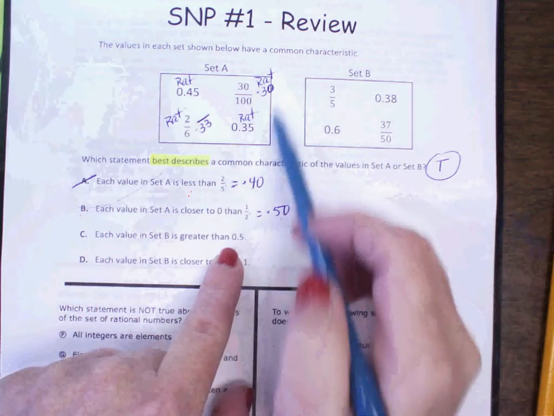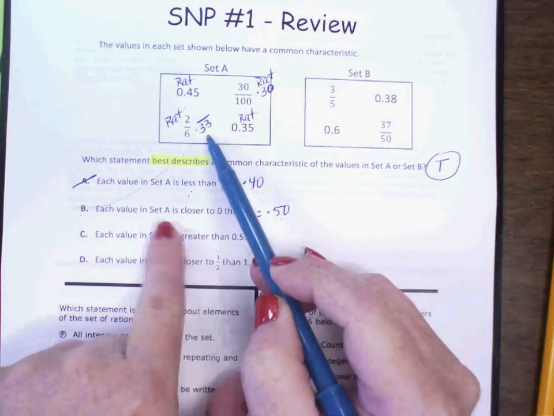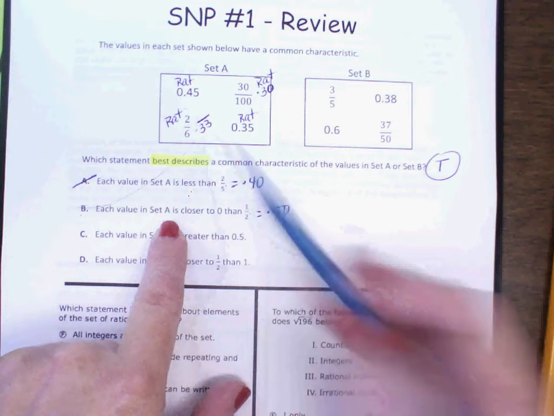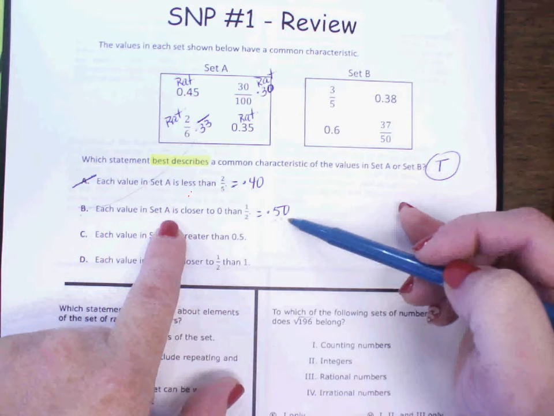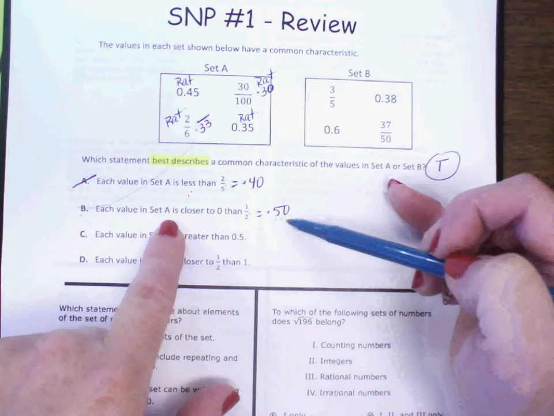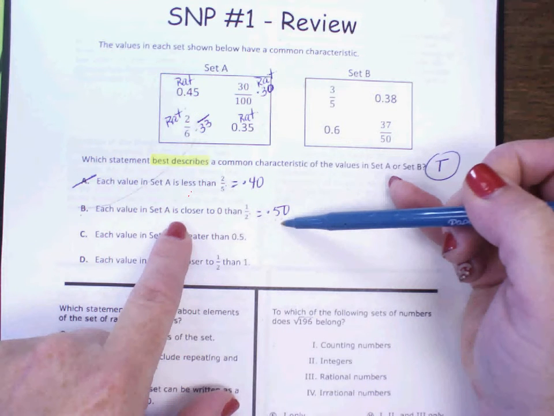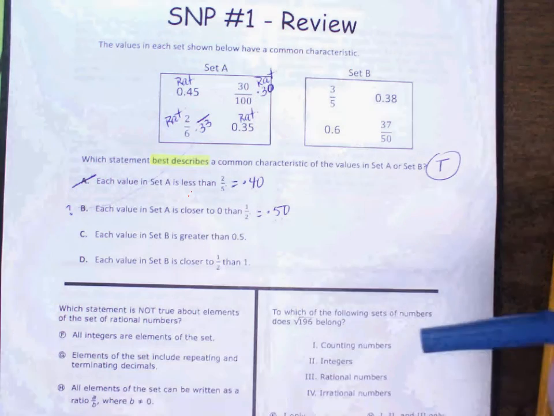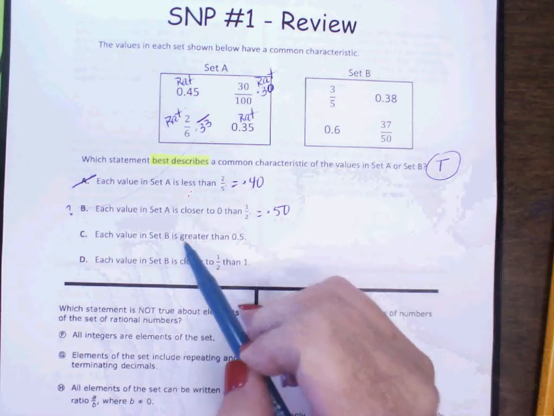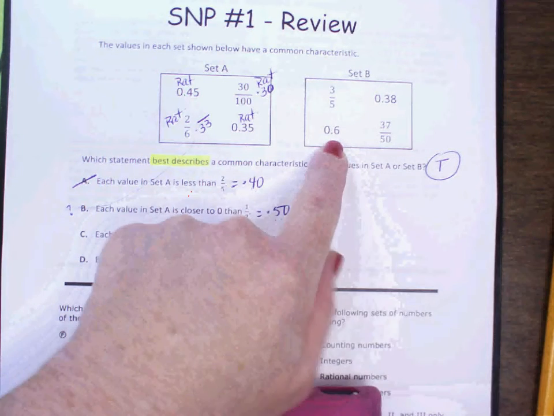At least in here you've got 50 cents; with 0, you don't have anything. So are all those smaller than 50 cents in set A? Is 33 not smaller than 50? Is 35 not smaller than 50? Is 30 not smaller than 50? Is 45 not smaller than 50? Yes or no? It looks like this is the one, but I'm going to go ahead and check the other ones just to make sure.